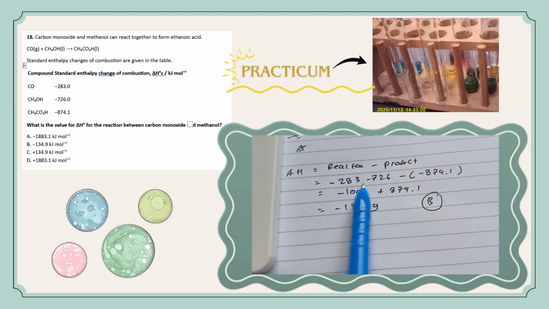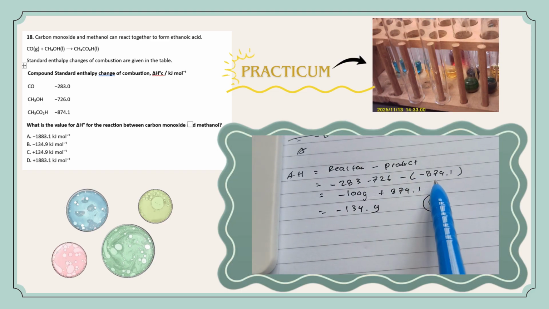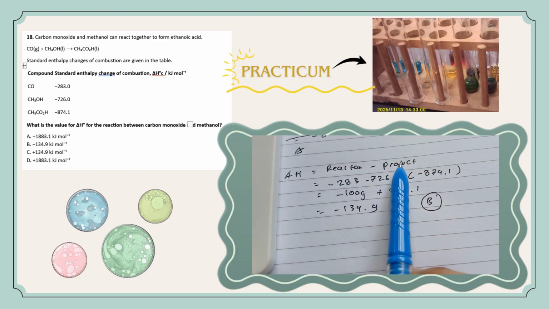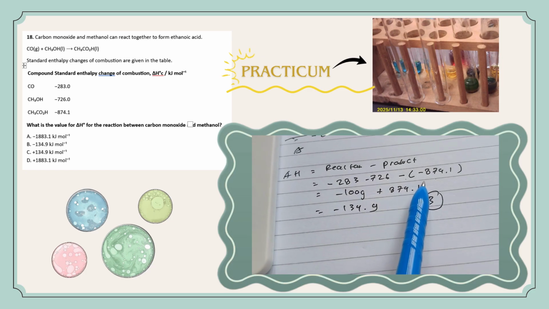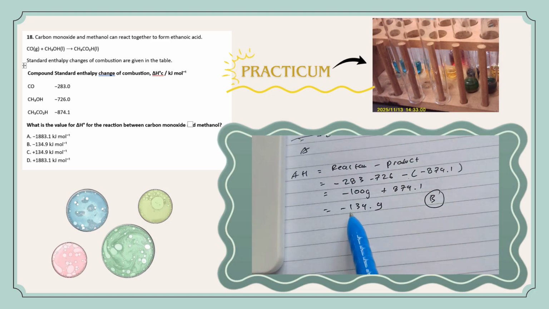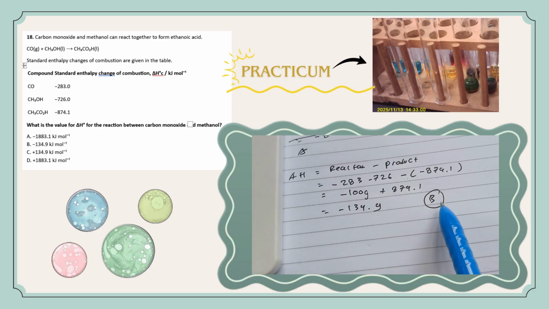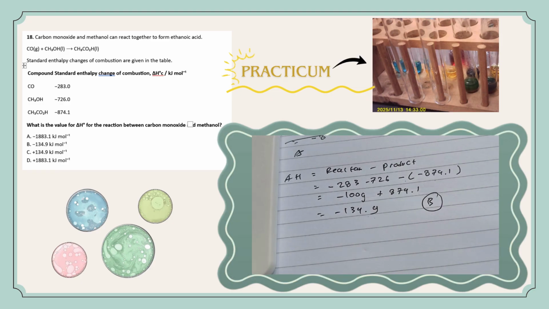So we add this, and then we have to minus the product, which is minus 874. Okay, so we got minus 134.9. The right answer is B.